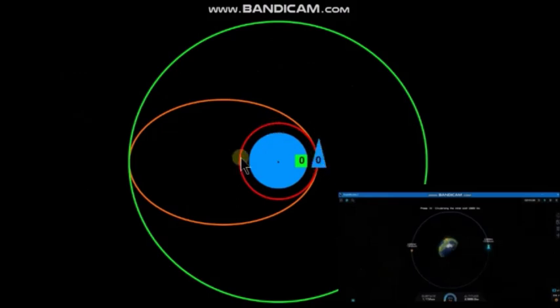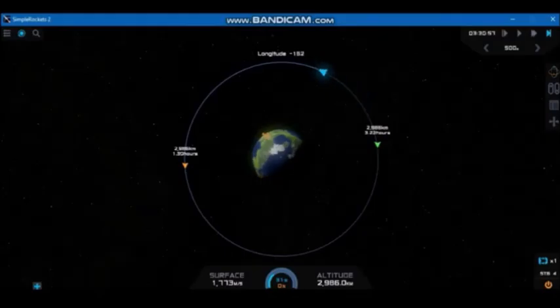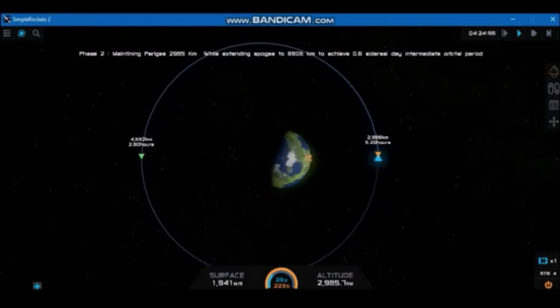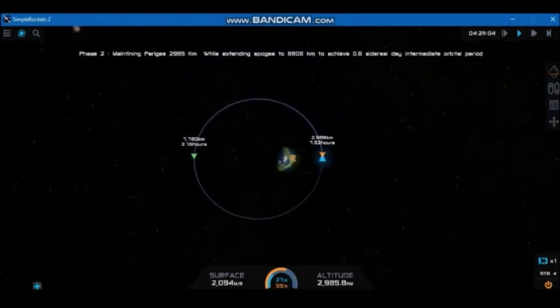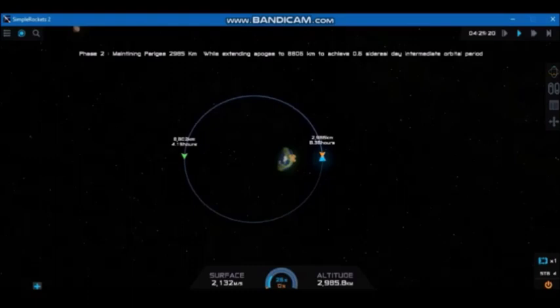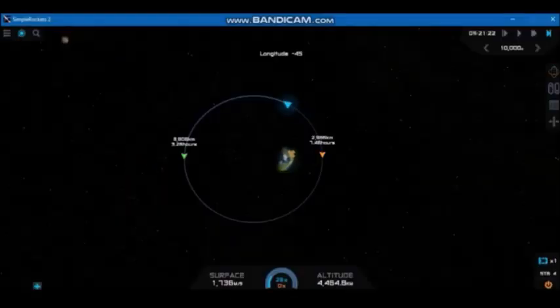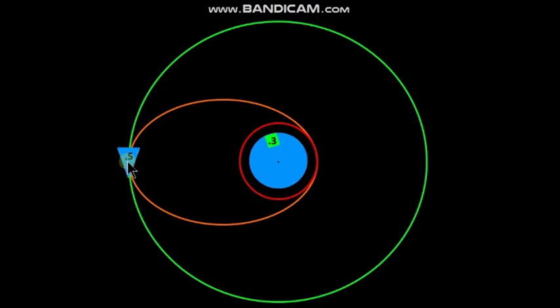Once we are in the initial orbit, we'll wait until we are above the longitude that we want the geostationary satellite to be above all the time. And at that point, we'll do our burn to extend the apogee as desired here. And after half a period of this satellite, it will be here.